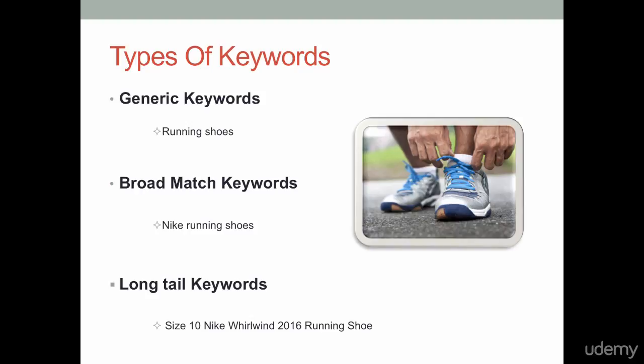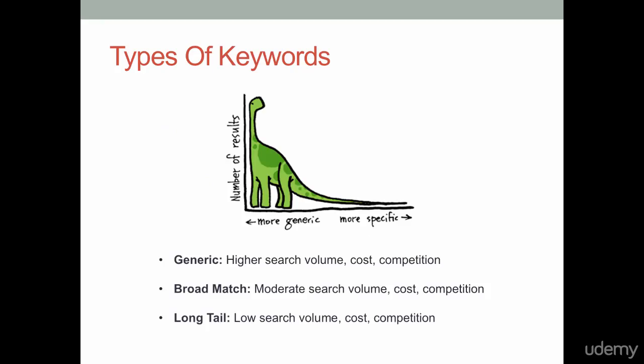It also means that your audience is more targeted, because if somebody goes to the trouble of typing in size 10 Nike Whirlwind 2016 running shoe, and you've got information specifically about that, then they're going to be more interested in what you have to offer. This is one of the big benefits of using long tail keywords. You really do get an audience who are interested specifically in exactly what it is you have to offer.